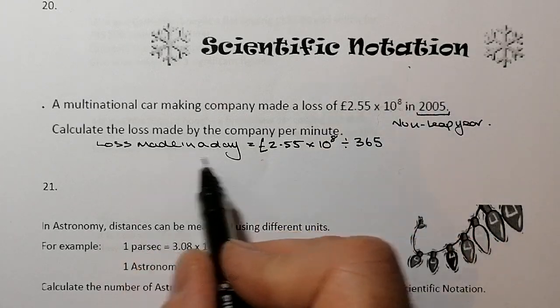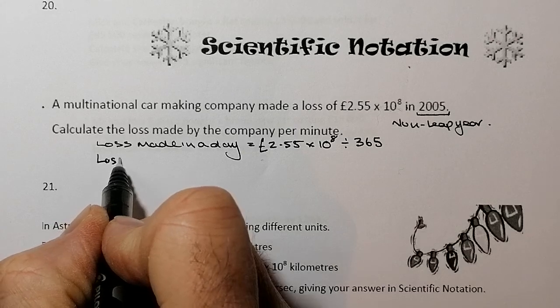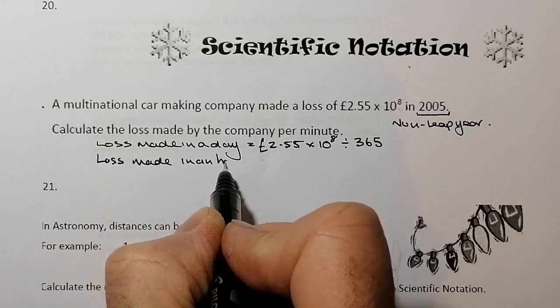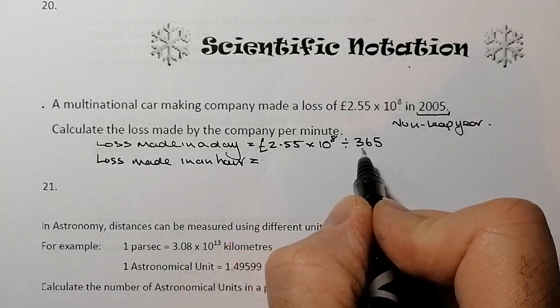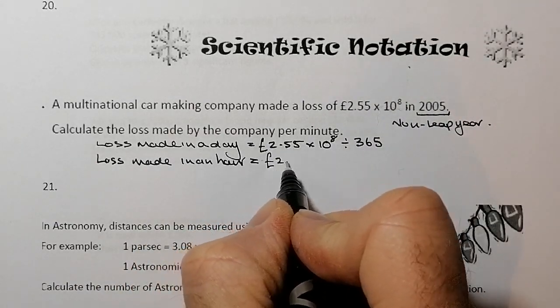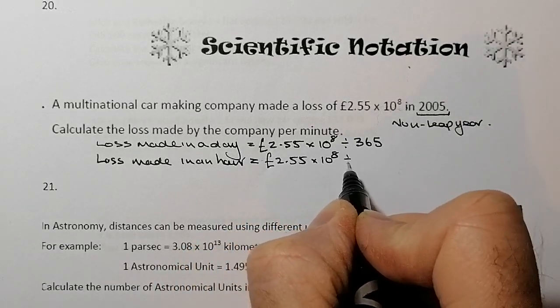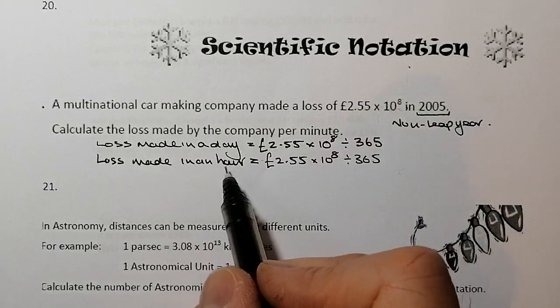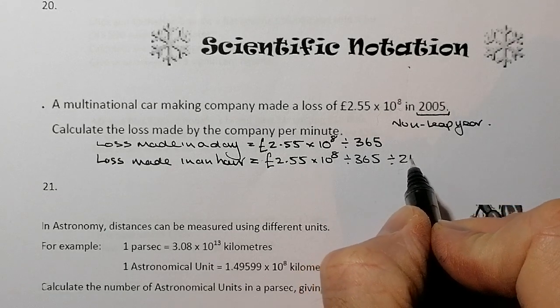So if I know that's how much it lost in a day, if I calculate the loss made in an hour, okay, so per hour, it'll be that value that's there. I can either work it out in the calculator or I can just take it down the way I'm doing it here. So remember that was divided by 365. Now to find out per hour, I know there's 24 hours in a day, so I'll divide that by 24.